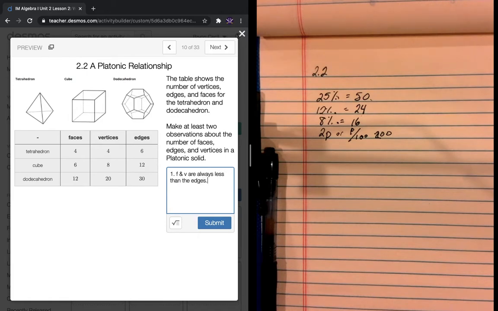See here, 4, 4, 6, 6, 8, 12, 12, 20, 30. So we always see that. Now, we couldn't always say that there's more vertices than faces because the pyramid shows us that it's 4 and 4.